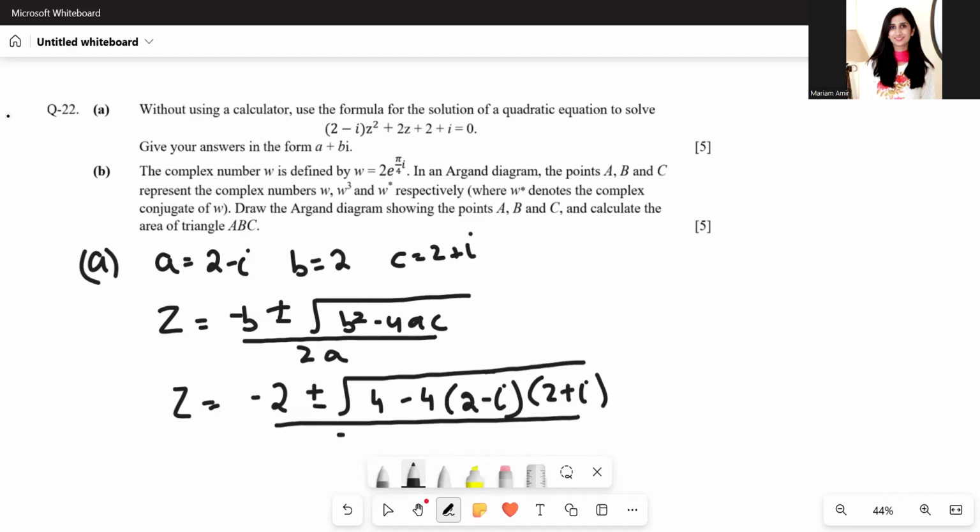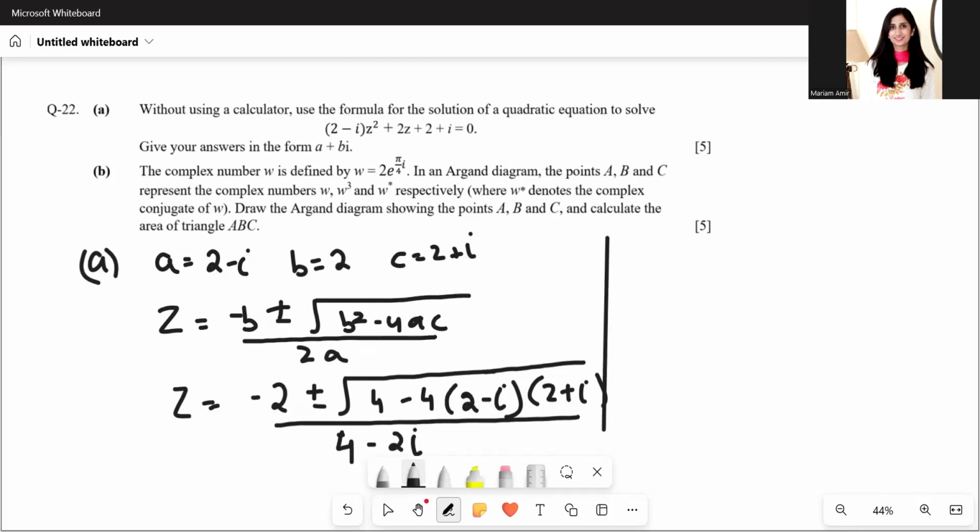So 2A would be 4 minus 2 iota. Then we have minus 2 plus minus square root.